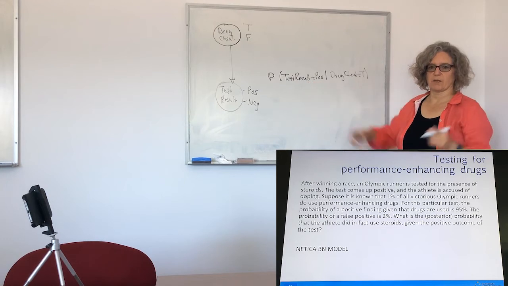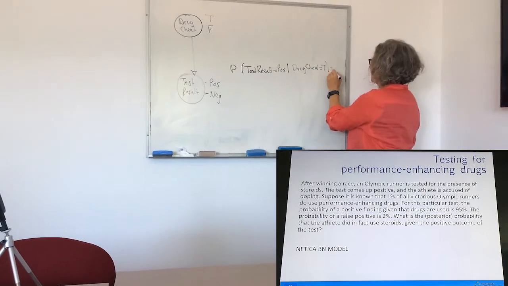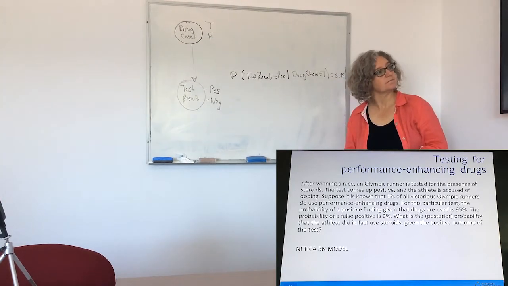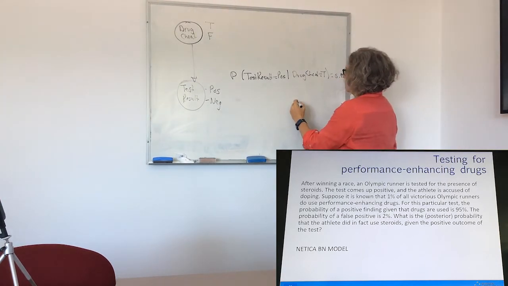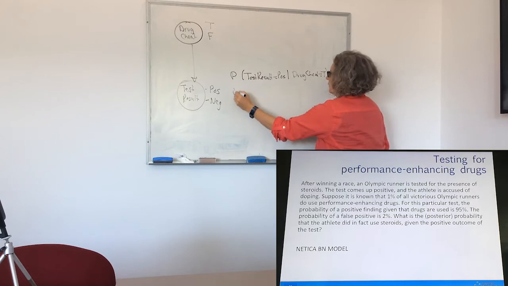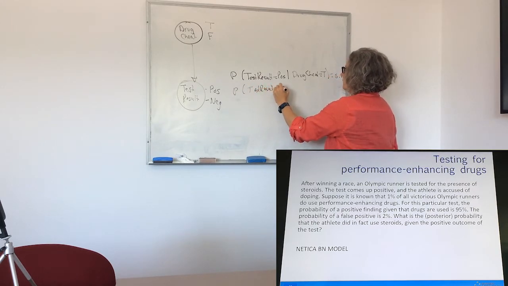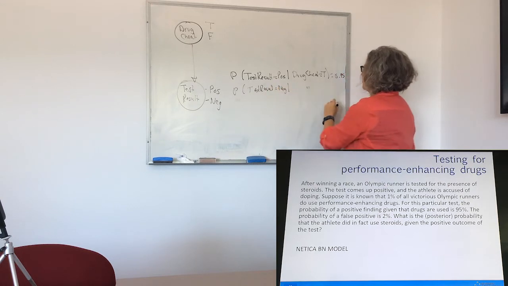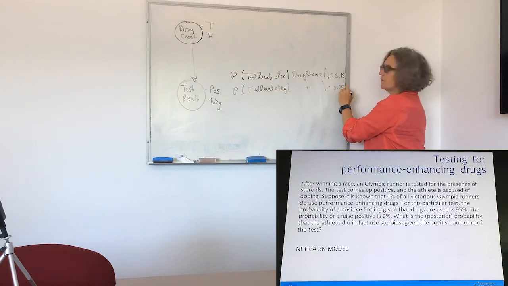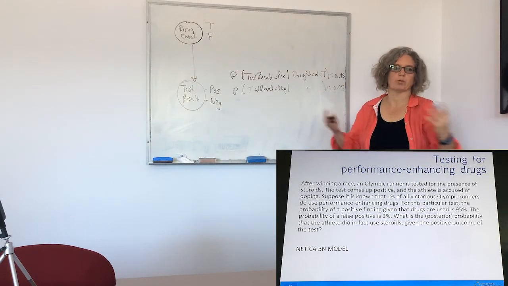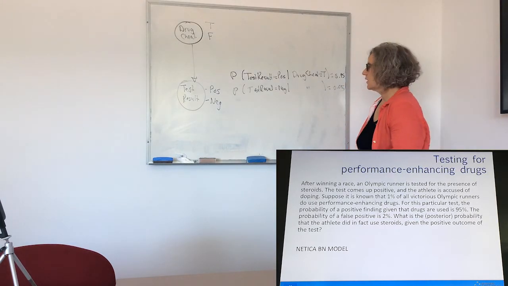We've got our information about this, and this is the 0.95. Because there's only two alternatives, the test result equaling negative, given that you're a drug cheat, must be 0.05. That has to sum to 1, because they're the only alternatives. Remember, that whole probability mass must be 1.